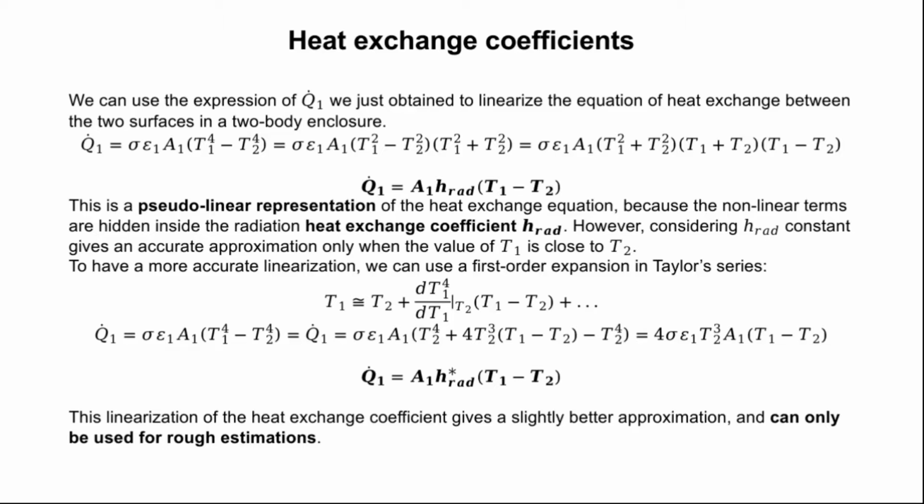However, we can obtain a linearization of the heat exchange equation by considering h rad constant. This gives us an accurate approximation only when the value of T1 is close to T2.